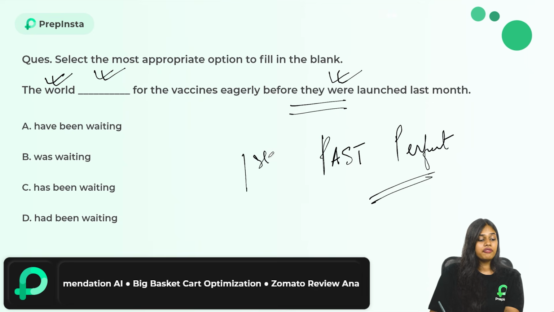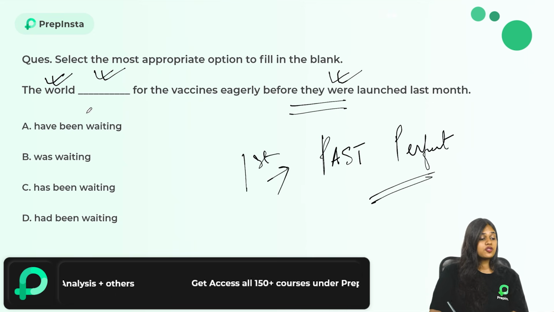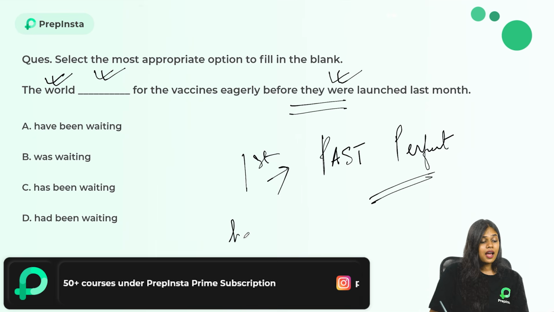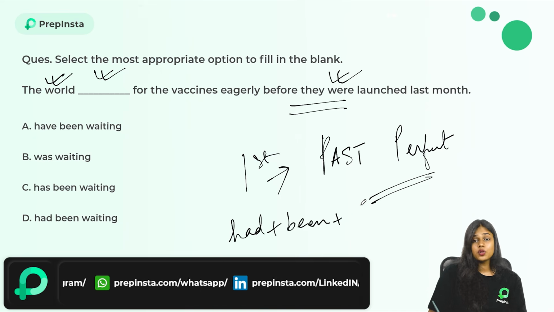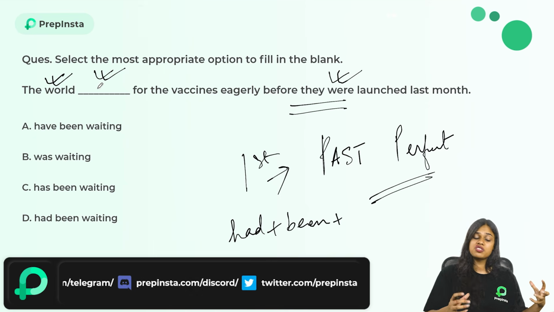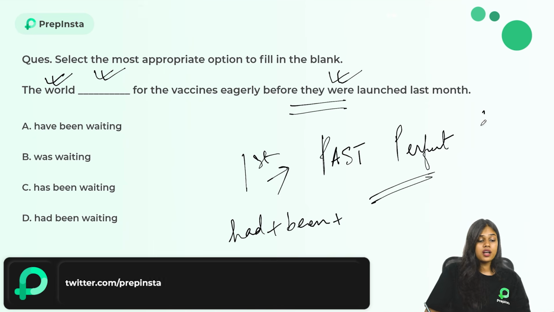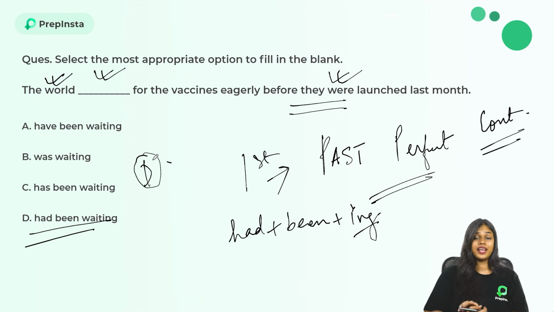That means the first action takes the past perfect form. So, past perfect continuous means had plus been plus the ing form, because the world had been waiting. It was in the continuation process. So had plus been plus the ing form of verb, that is had been waiting. So option D here becomes the correct answer.